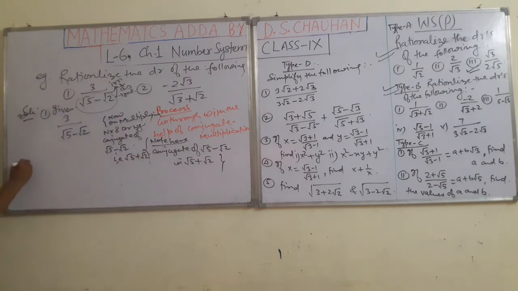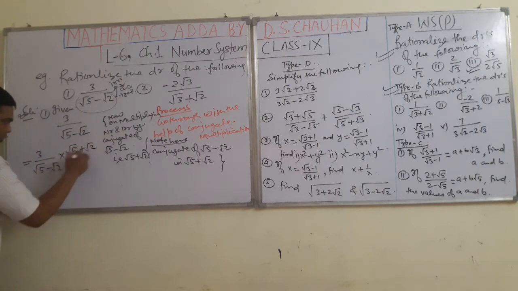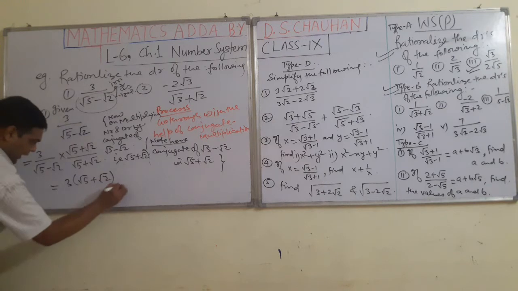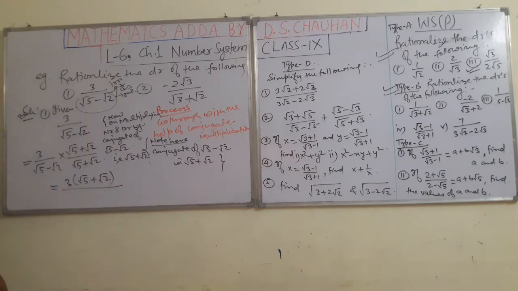See, so what can we note down, student? Look, 3 upon under root 5 minus under root 2, its conjugate is under root 5 plus under root 2. So we will multiply numerator and denominator both. Here this is rational while this is irrational. We will write as it is, no need to do the work. Actually, we have to do the work over the denominator.